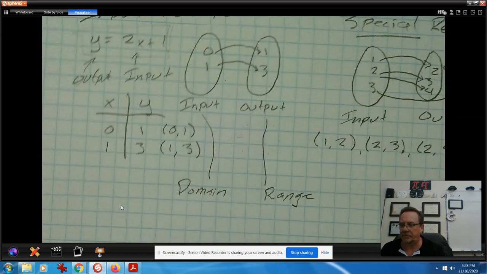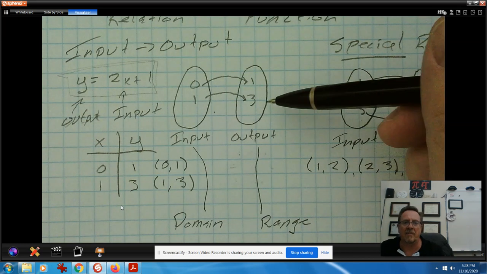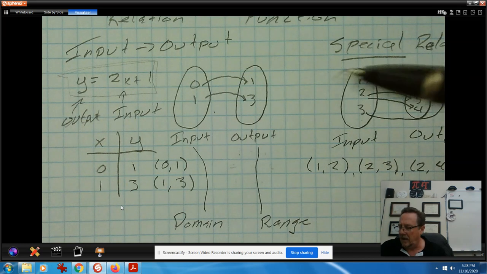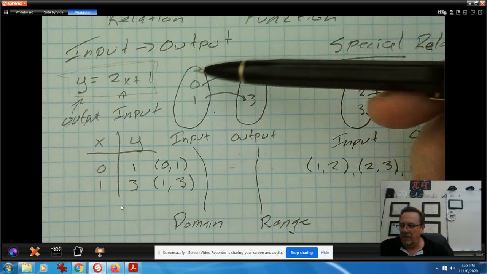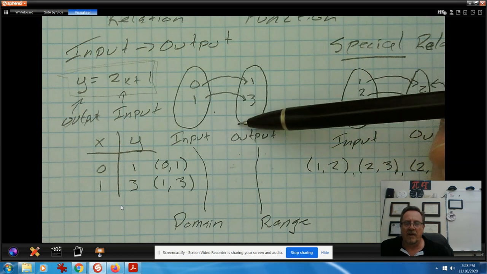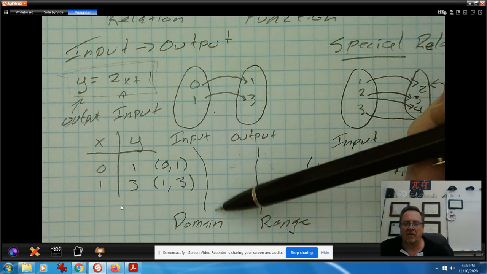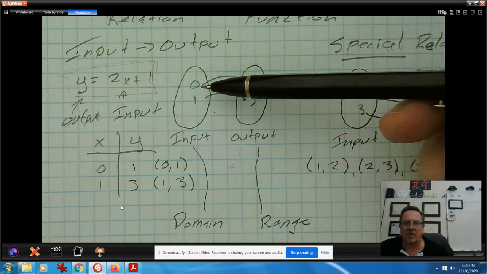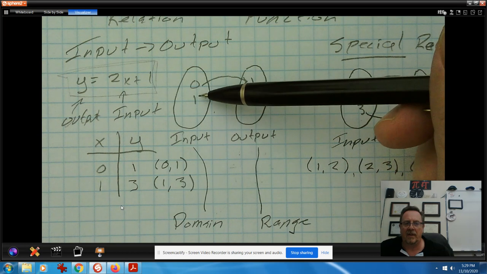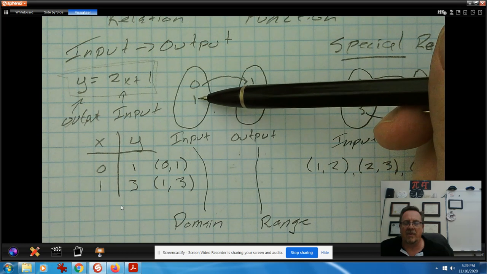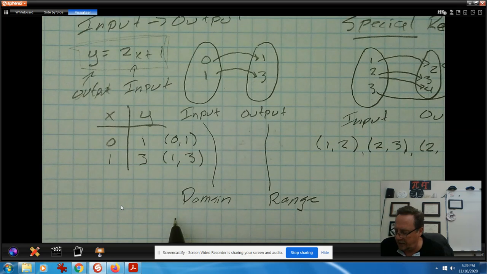So, for example, let's go back up here and talk about range and domain. In our relation that we were putting in this mapping diagram, what is the domain? Well, the input values are 0 and 1. So our domain is the numbers 0 and 1. And we could write that just in list form. You say 0 and 1. Okay, remember set notation.